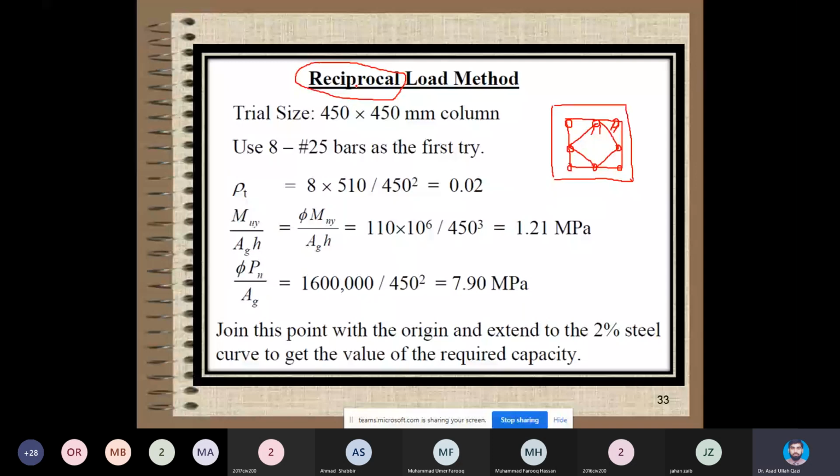For example, if you have selected 450 by 450 and first conceive based on your experience that whether I should try with 8 bars. So if 8, let's assume that 4 corner bars number 25 and then 4 edge bars number 19. So this is one option, that you selected 8 bars but 4 number 19 and 4 number 25.